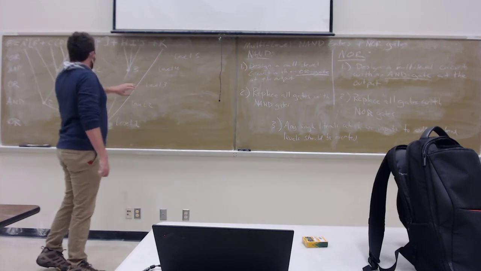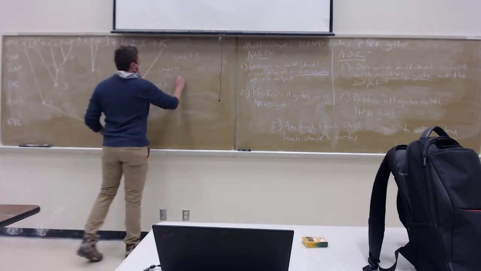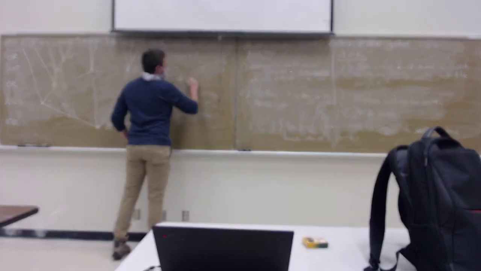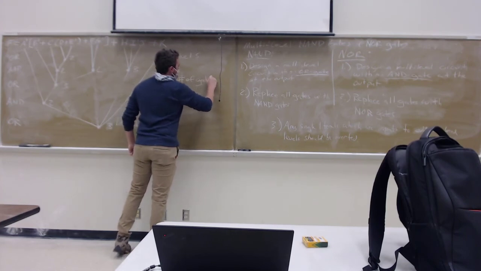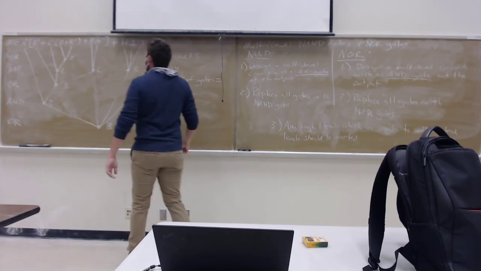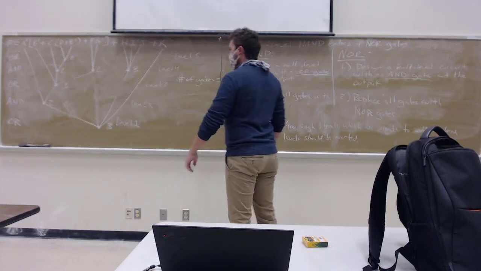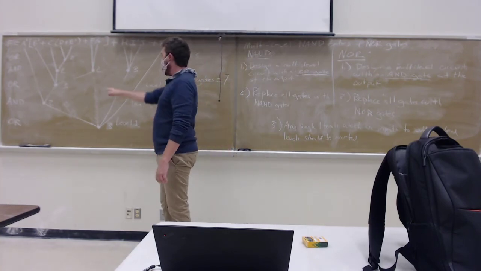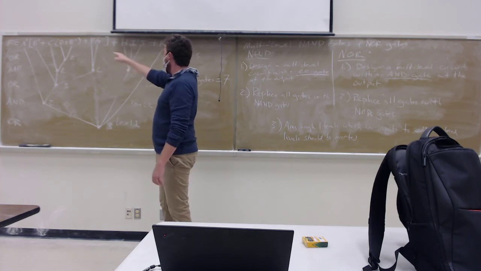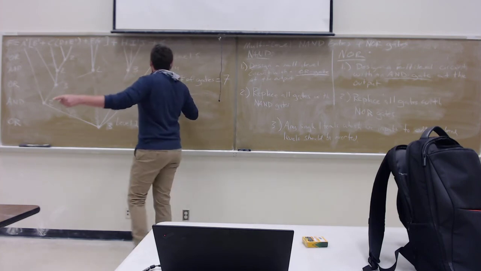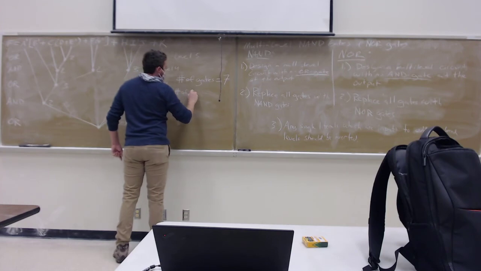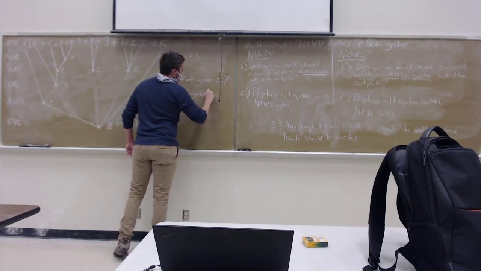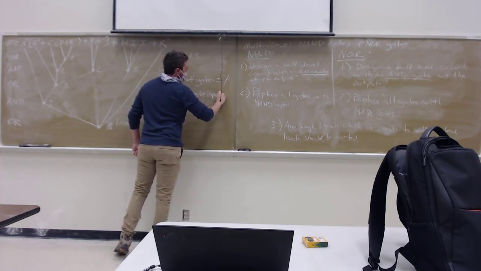But all right. So let's see. What do we care about? Number of gates, just to sort of do our accounting. How many gates? 7. 1, 2, 3, 4, 5, 6, 7. Next up is number of gate inputs.